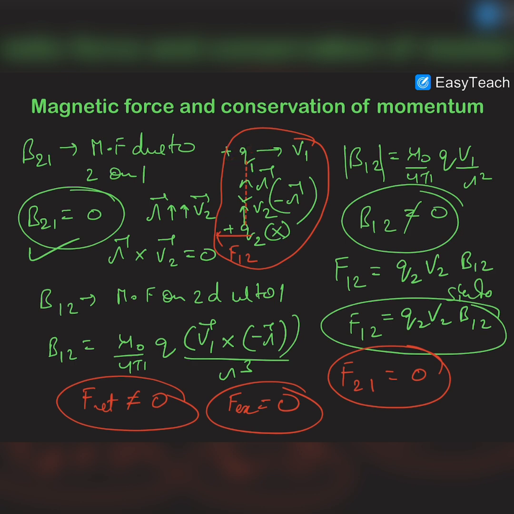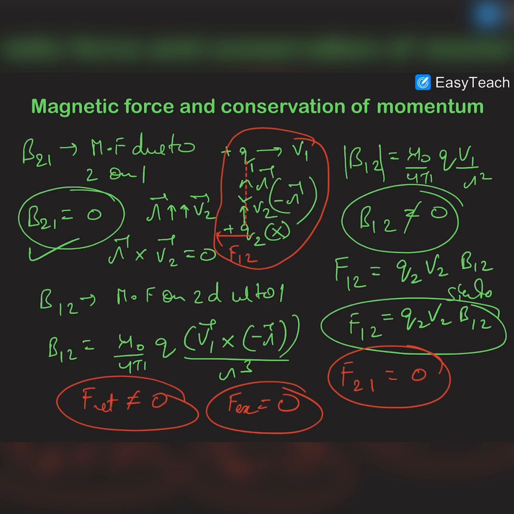So the net electric force acting on Q1 will be the net electromagnetic force on Q1. But the net electromagnetic force acting on Q2 will be the net resultant force of magnetic force and electric force acting on Q2.